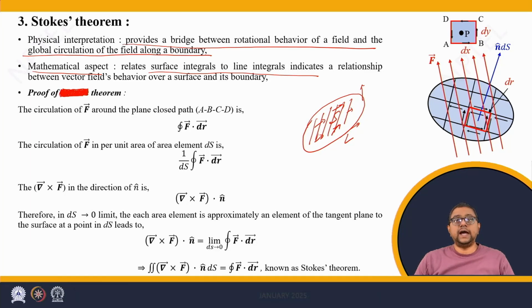Have a look at the adjacent diagram. This diagram is a clearer version of the sketch just drawn. We have the field F vector, the area S and the bounding line L. Consider a small region which has the normal vector n hat, having an area ds.